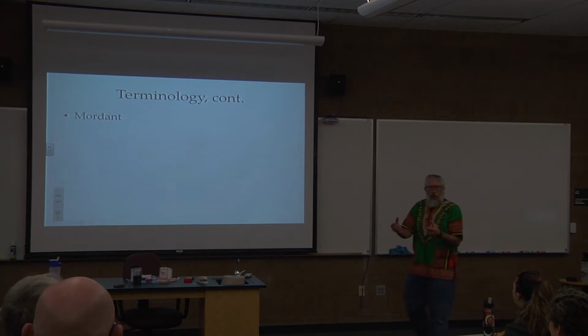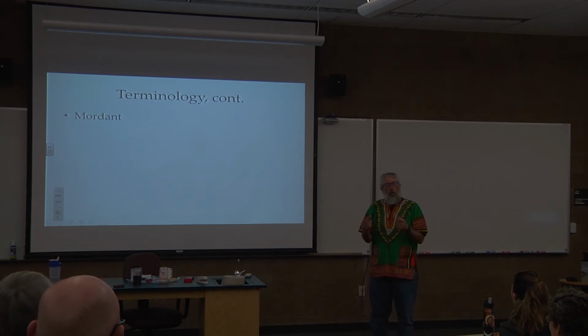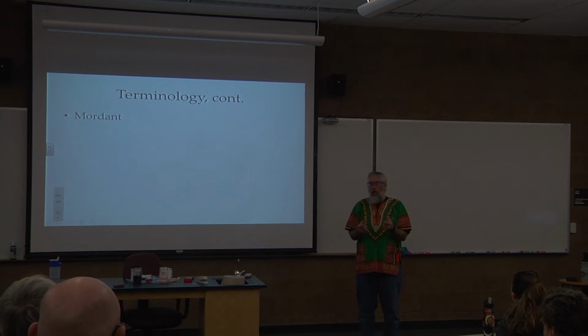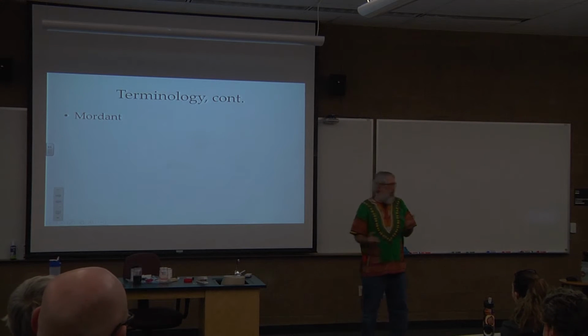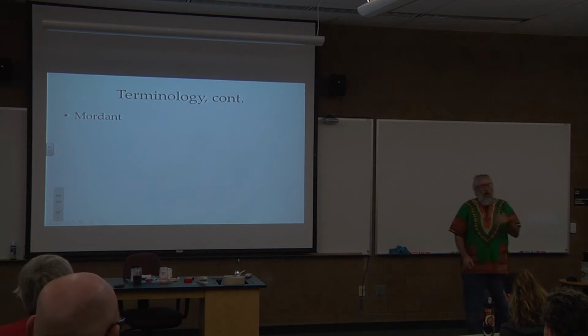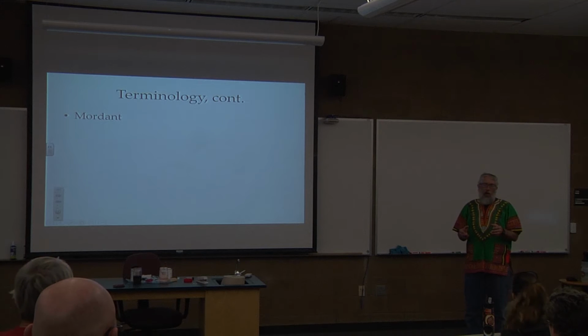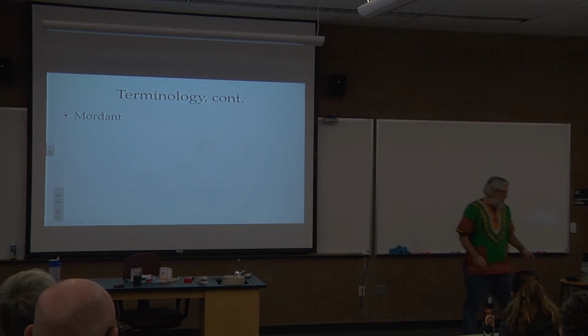Last term I'm going to introduce you to is mordant. Now mordant you can think of as a dye fixer. It's something that assists in the ability of the dye to attach to the cloth and remain attached to the cloth. There's a variety of different types of mordants, tannic acid, other acids and bases, but frequently mordants are inorganic salts, metal salts.